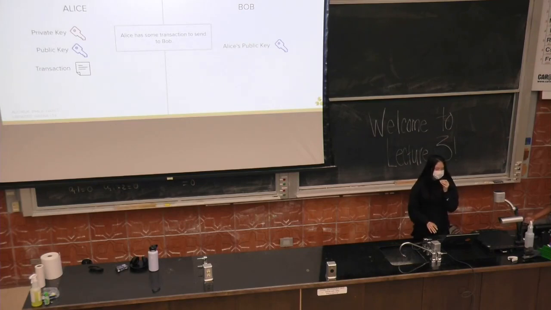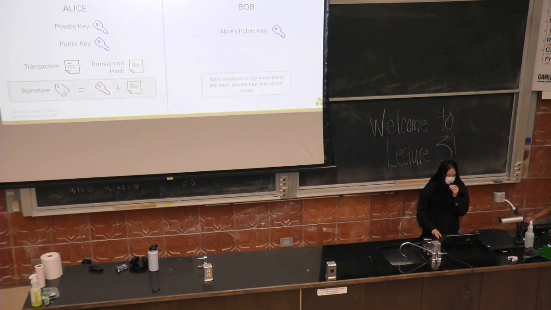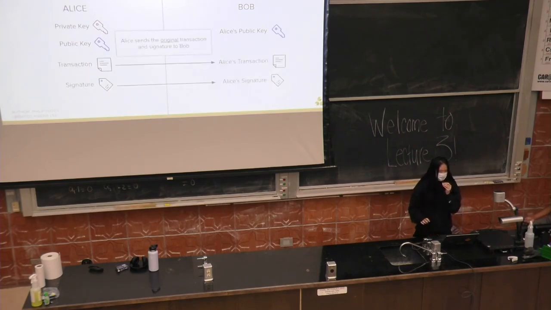So let's say she wants to send a transaction to Bob. What she wants to do, of course, is first hash the transaction with double SHA-256. And then she wants to create a signature using her private key. And that's created by hashing the private key and the transaction together.